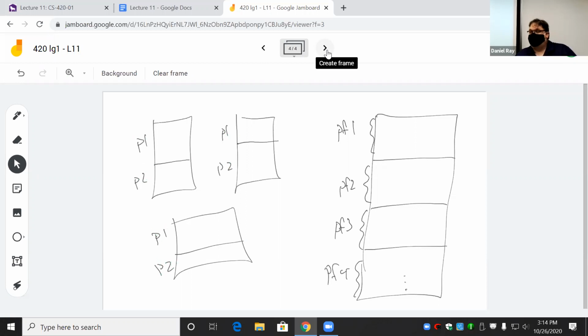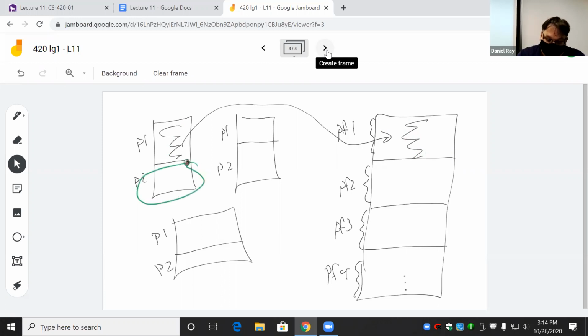And when I get ready to load, let's say, this module, I take this entire chunk and I load it into some open page frame. And I can do that without worrying about any external fragmentation, because this size is equal to this size. They're the same number of words in memory. Then I'll take this next chunk and load it into some other location.